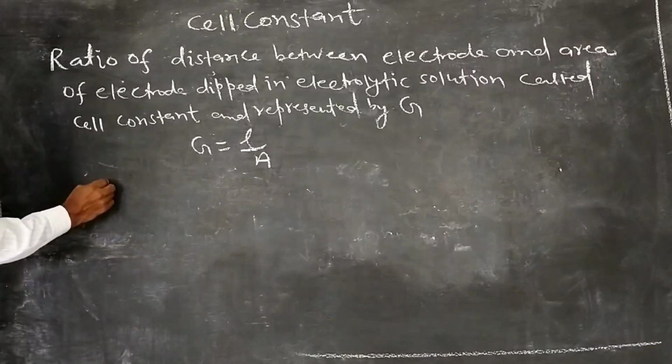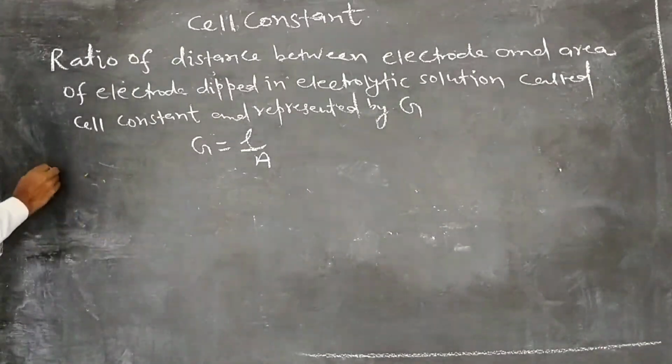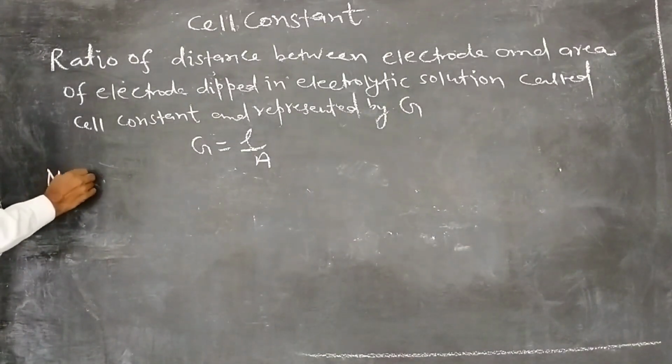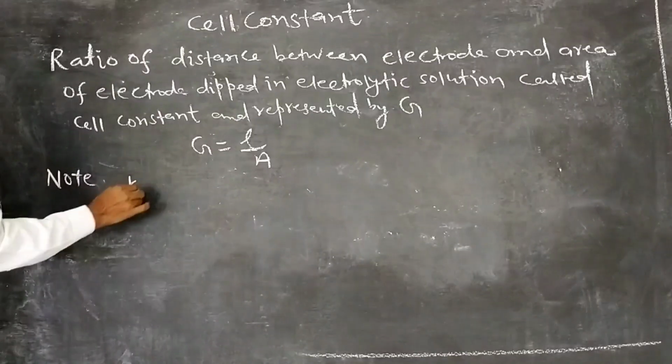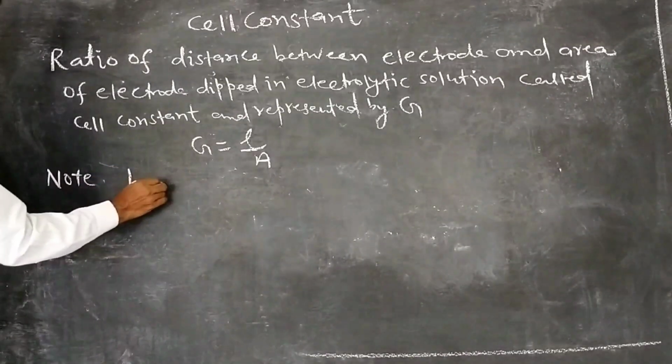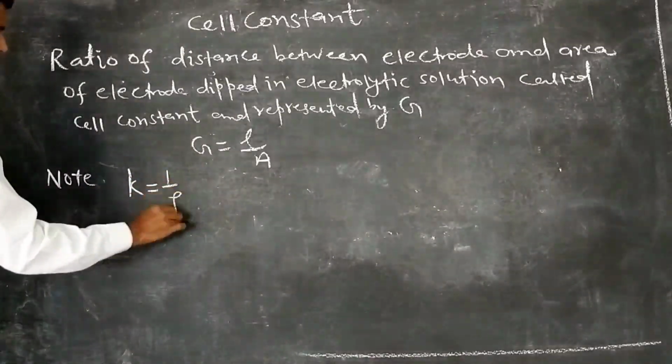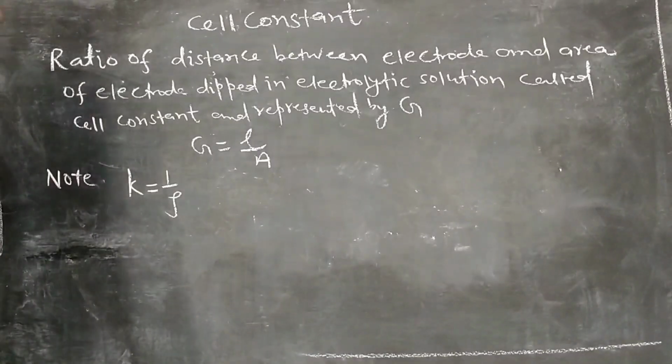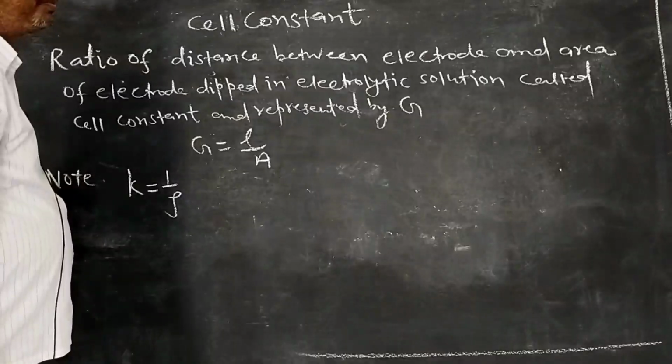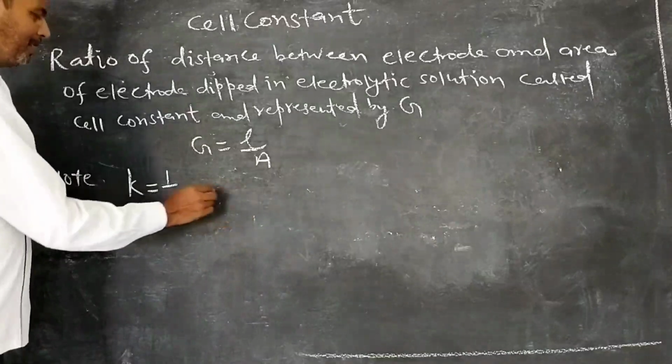Since conductivity kappa is equal to 1 by rho, and rho is equal to RA upon L.